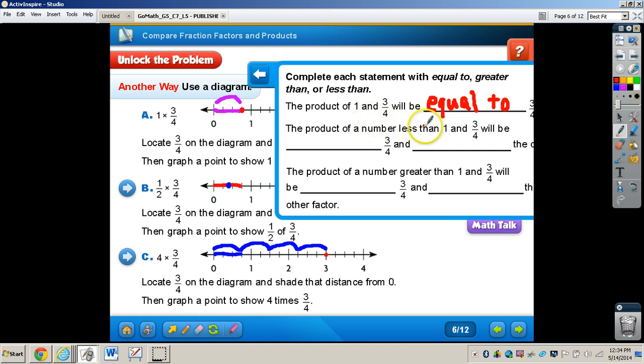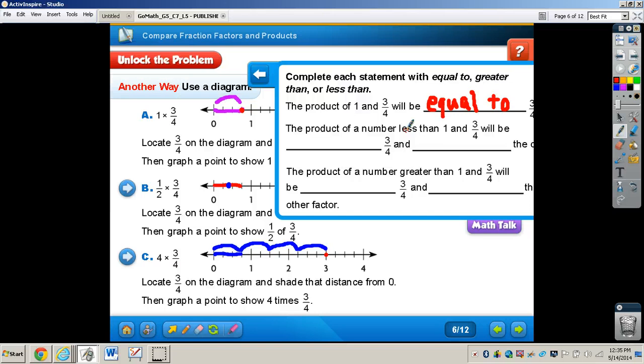Now the product of a number less than 1 and 3/4 will be, and we need to think about that. So the answer would be less than 3/4 and less than the other factor. Why is that? Because the number is going to be less than 1.